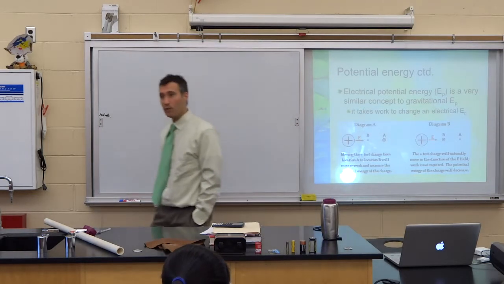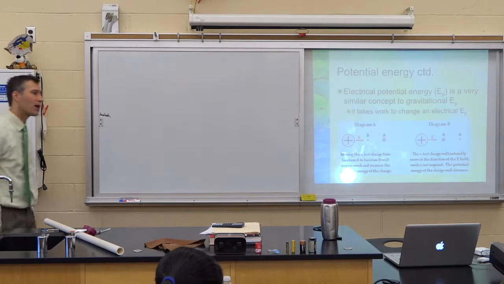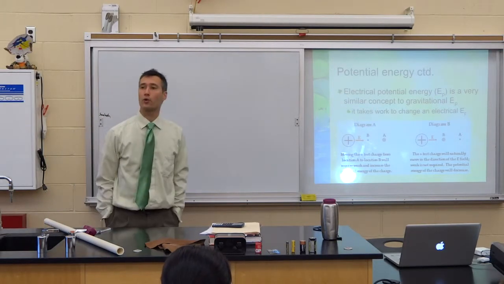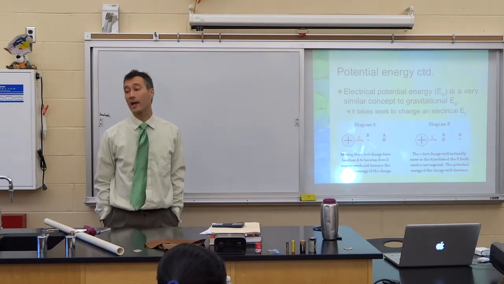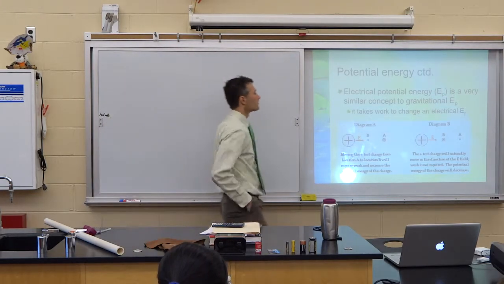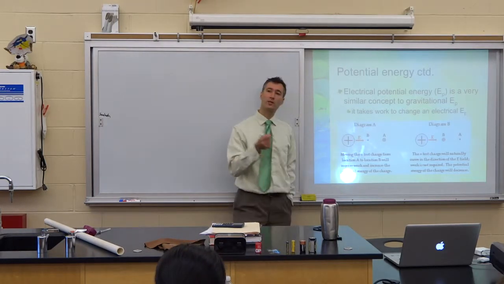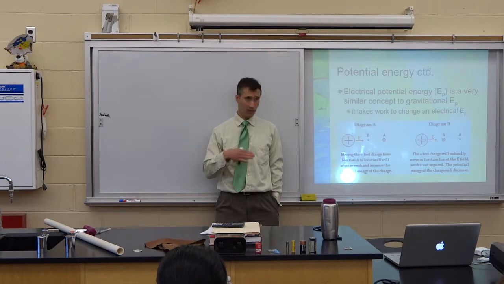So electric potential energy is the exact same concept as gravitational potential energy. We're storing energy in a charge by placing it in an electric field. Okay? And if we want to change the electric potential energy, somebody's got to do work.